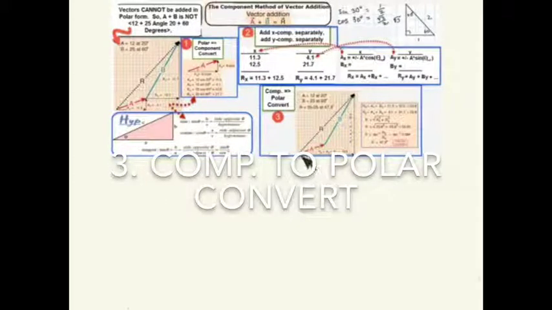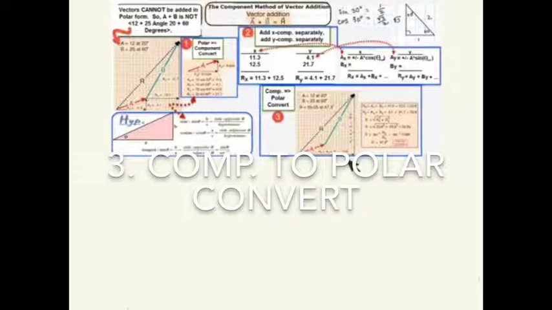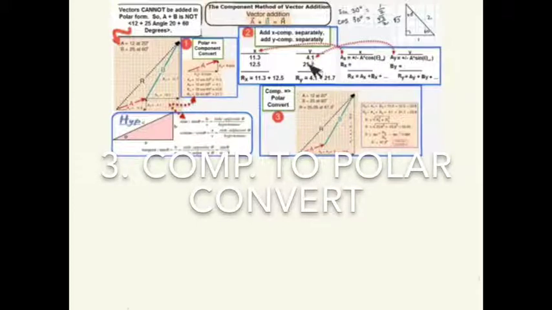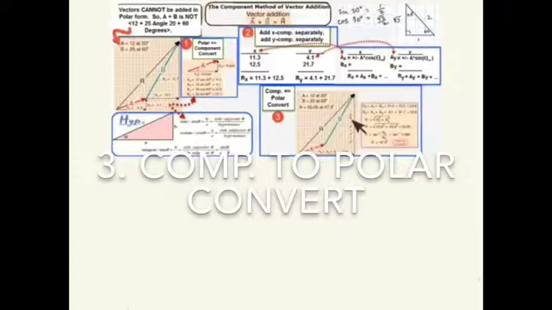The x components are added algebraically, and so the sum of 11.3 and 12.5 is the 23.8 that we see here. And the sum of the y components, the 4.1 plus the 21.7, is the 25.8 that we see here.